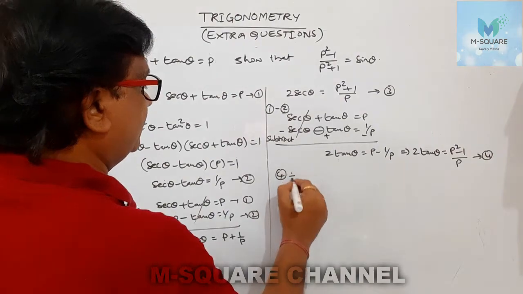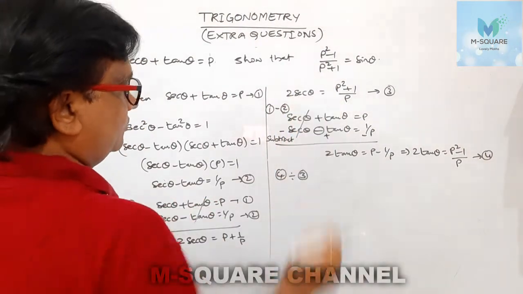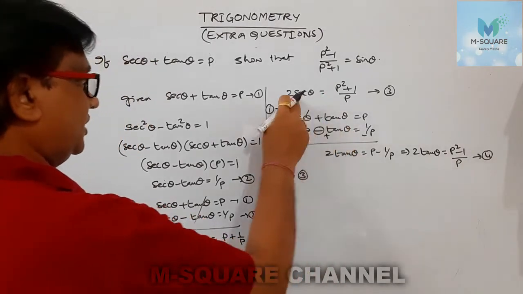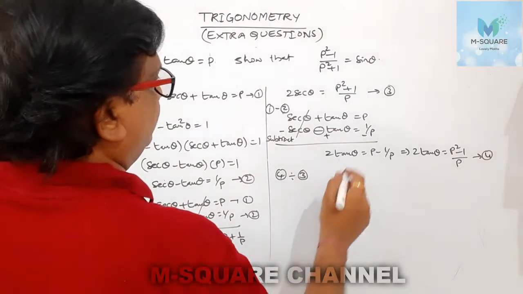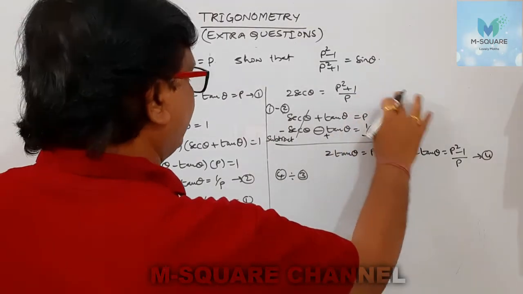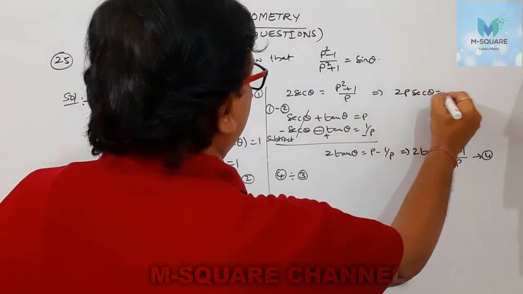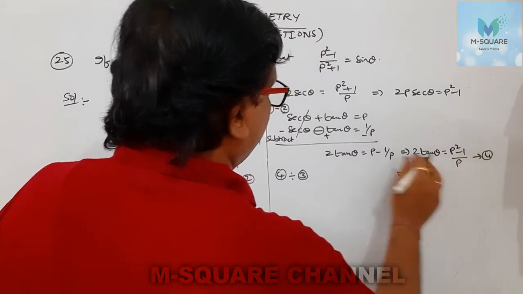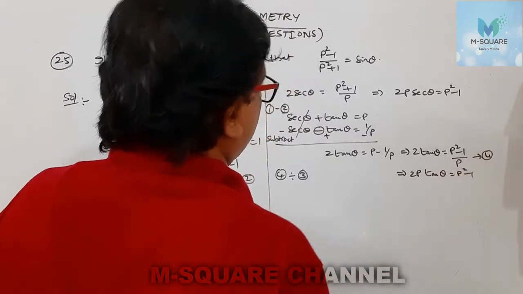Now what we are going to do is divide 4 by 3, because we need (P square minus 1) by (P square plus 1). Otherwise this P can also come to this side. If you write like this, 2P secant theta equals P square plus 1, and 2P tan theta equals P square minus 1.